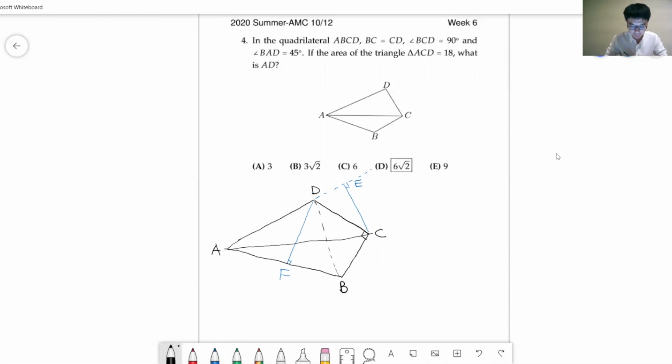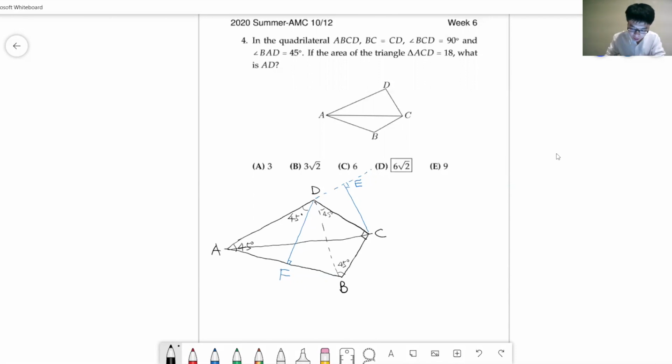So here we see that triangle ADF and triangle BDC are similar because both of them are right triangles and the angles are 45, 45, 90 degrees.